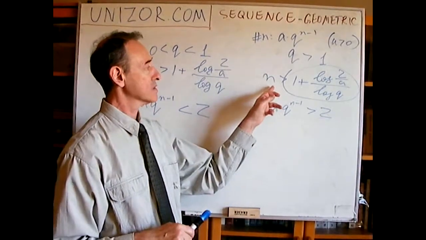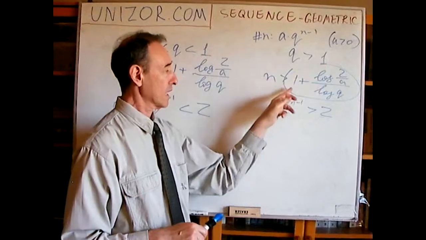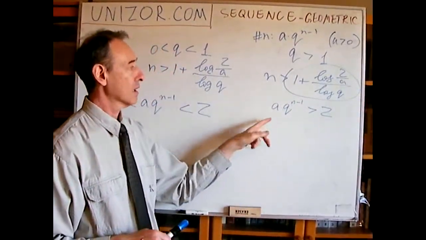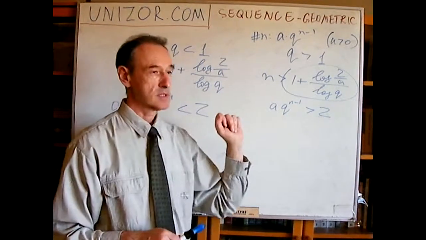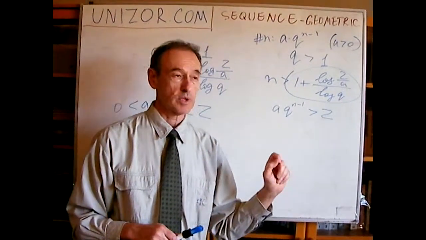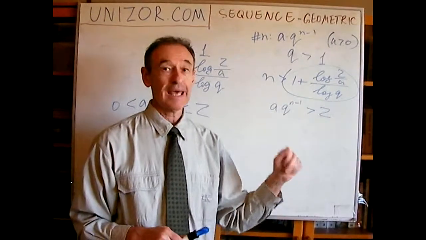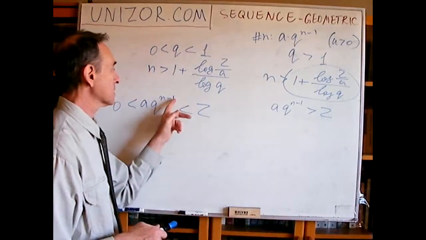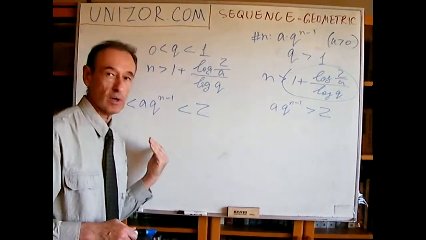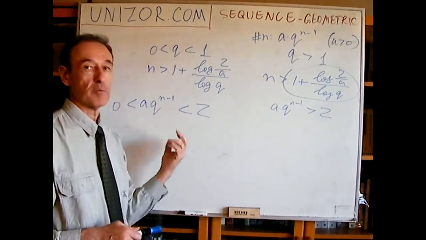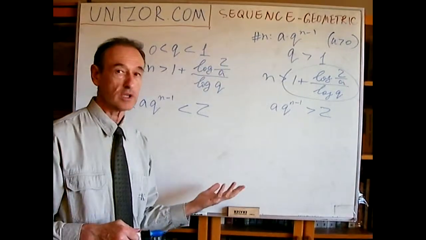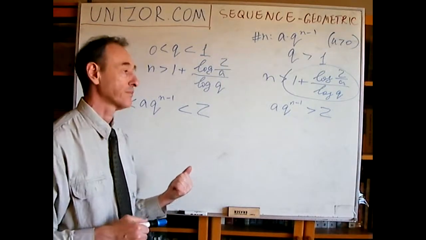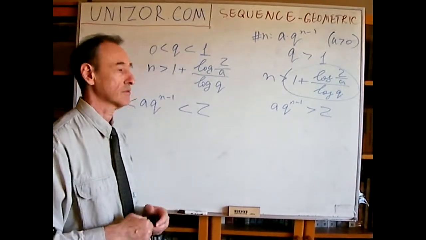Any number with a value greater than this would deliver the elements of our geometric sequence greater than z. And obviously all subsequent will be greater as well. In the previous case, all subsequent will be smaller as well, because we are multiplying by quotient q, which is positive quotient, but it's less than 1. So we are decreasing the value, the positive value.